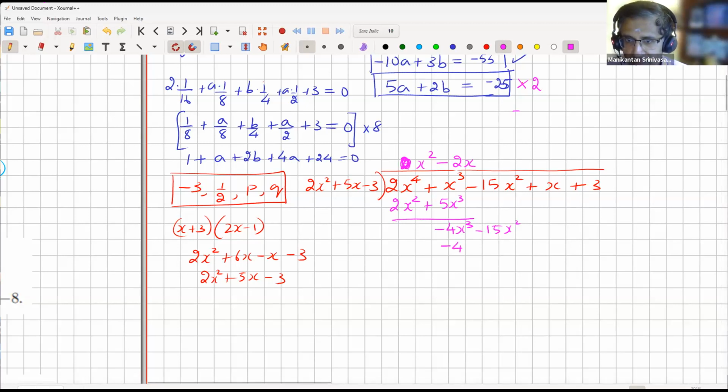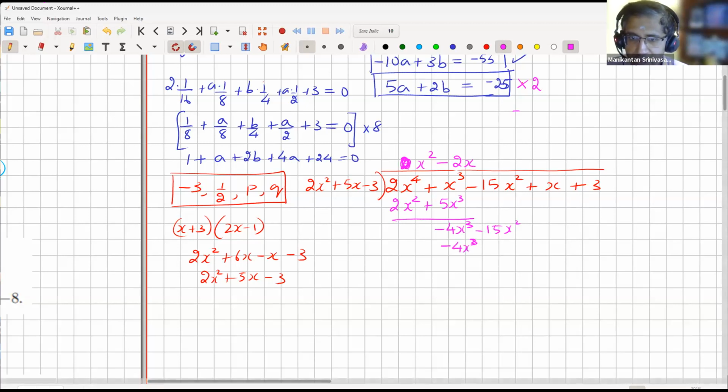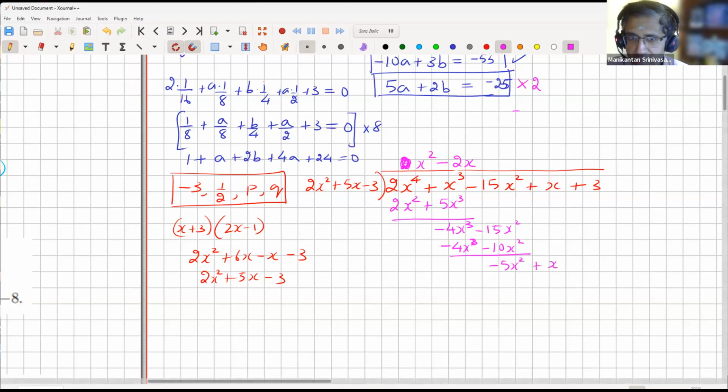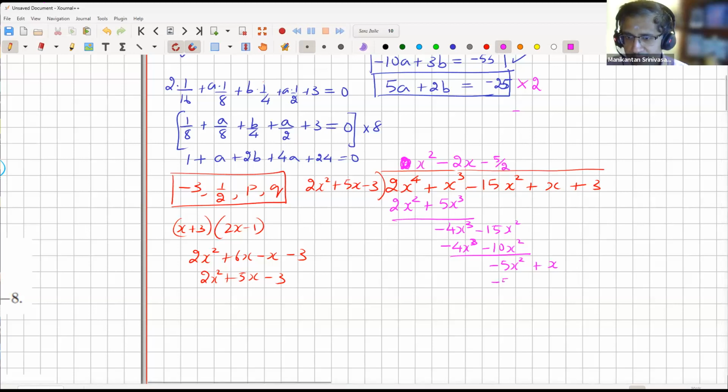The minus 2x when multiplied by the plus 5x gives minus 10x square. I subtract, so minus 5x square plus x. Minus 5x square upon 2x square is minus 5 by 2.